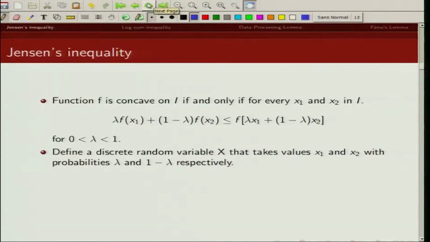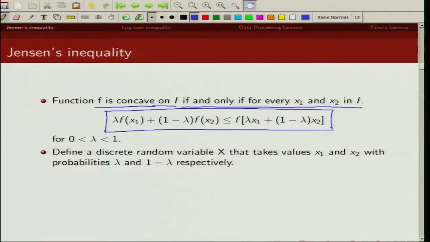Now, we will show some more ways of proving whether a function is concave or convex. If you have a function f which is concave over an interval I, then it is concave if and only if for every x1 and x2 which belong to this interval I, this relation holds.